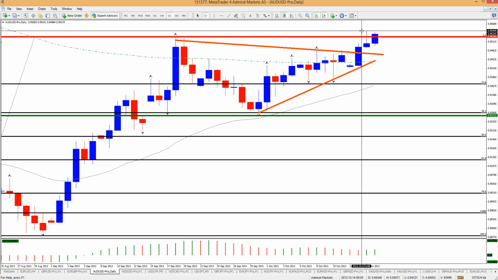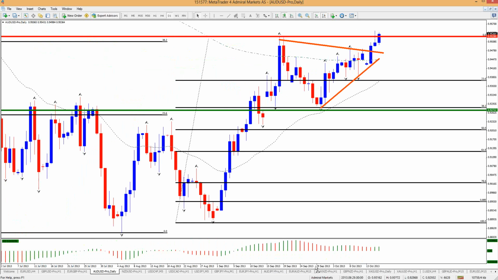Only if we would really not break that high for 2 days could we start thinking about double top, because then clearly we have a lack of power there. Most likely.